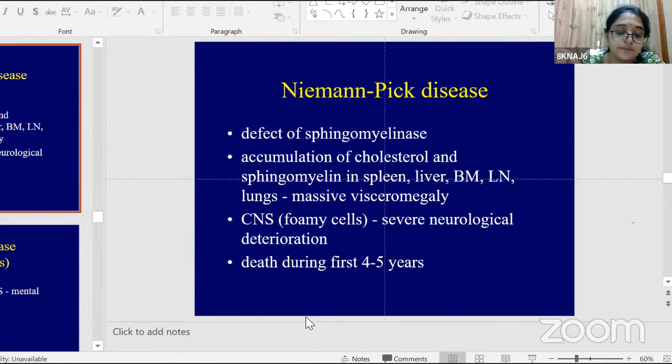This is necessary so that stigmatization of the community can be reduced, and economic well-being is important in such a scenario. So all of these have to be discussed. Then the consent process should be taken, seen, and then the genetic program participation can be valued.